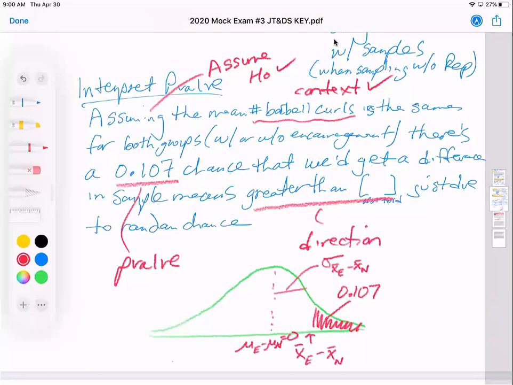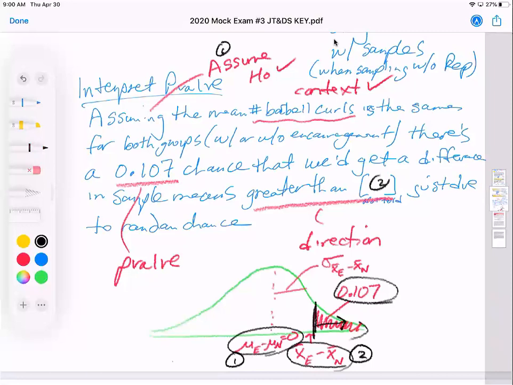I guess it would be SE. But when you're interpreting a p-value, you need to mention the p-value, the direction, the statistic or the test statistic, and then the null, which is assumed. So the null, which is assumed, is right here. The test statistic is right here. The direction is right here. And the p-value with context is right there. So that's interpreting a p-value.